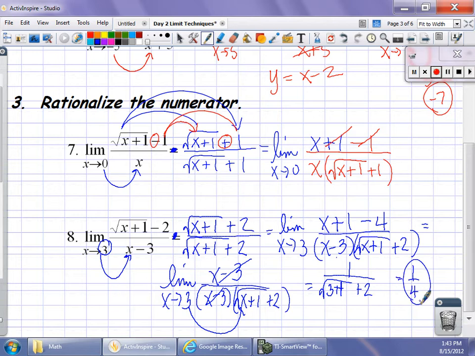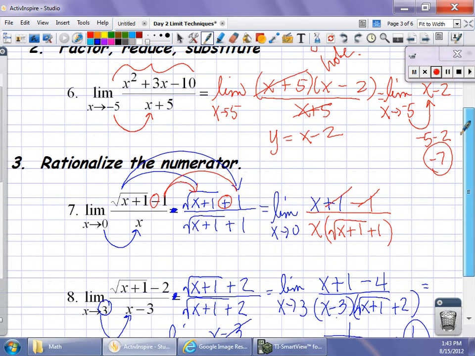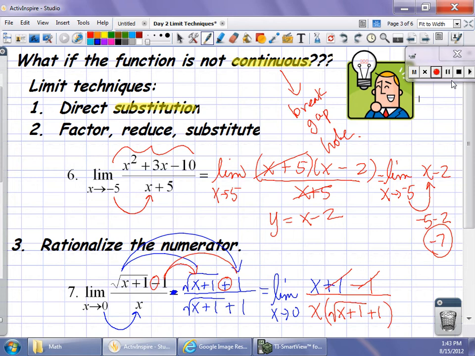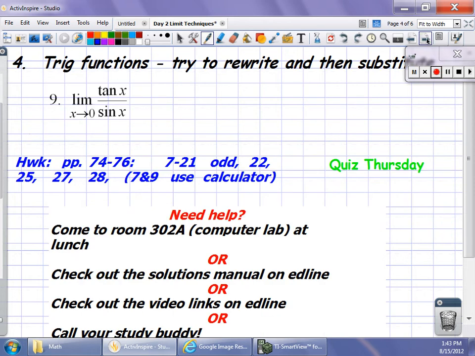So the y value on that graph that we are approaching as we approach an x value of 3 is 1/4. And these are strategies that you're just going to have to be aware of and practice, and you have to examine each problem and basically learn how to use the right tool for the right job.